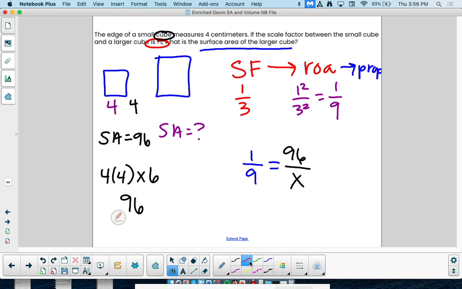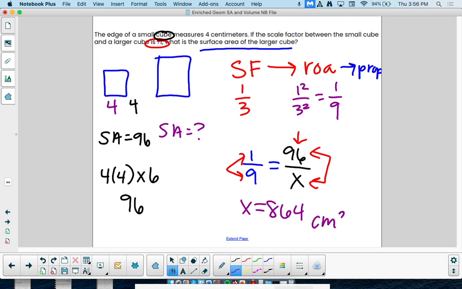And remember, you match up these numbers based on what these numbers are, right? So the top was my smaller one, so that's why I put the surface area of my smaller one on top. Now we just cross multiply. So we're going to have x equals 9 times 96 is 864 centimeters squared.